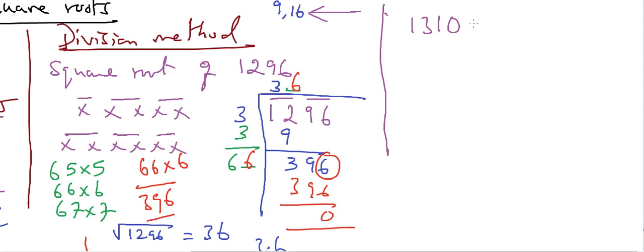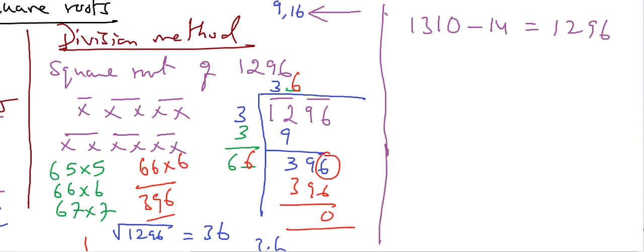So here, because we know 1296 is a square number, if you subtract say 14, then we get 1296, which is a square number. Correct. Now see how to get this number 14. Let's see again.